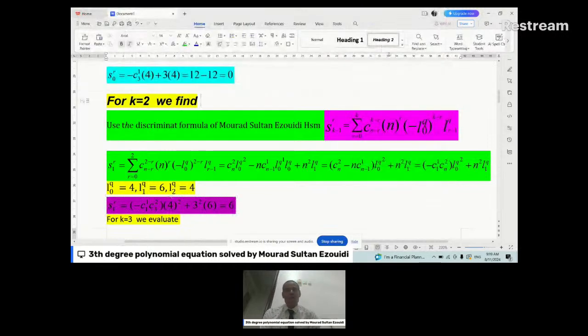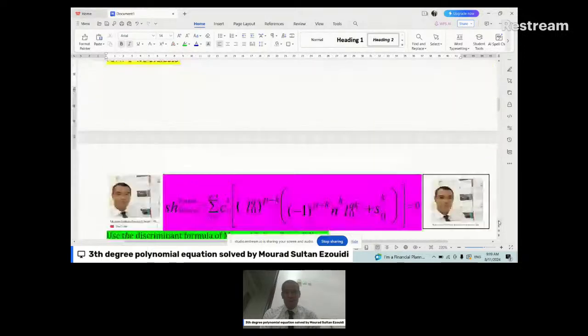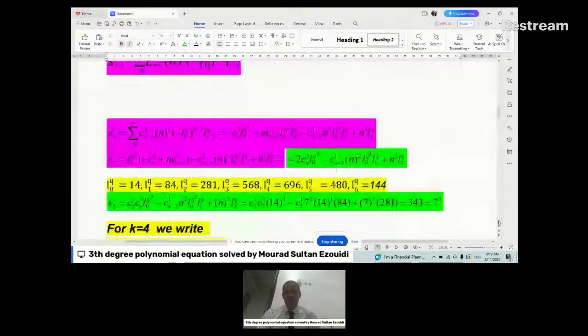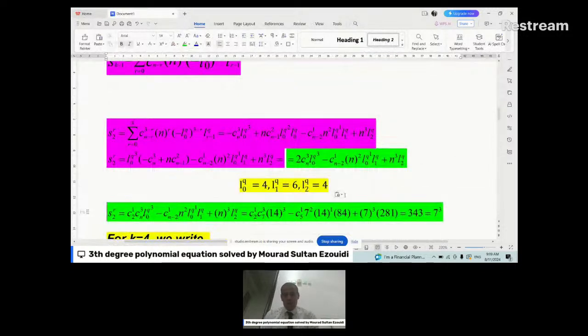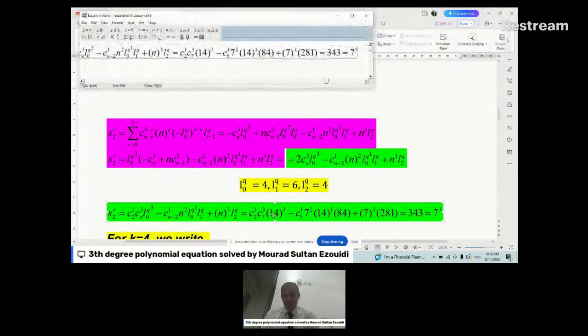So now I'm looking for the value of S2. The value of S2, I will erase all of this. This is S2, learners. I need only the first 3 coefficients. It will be negative S2, it will be 2 times, this is gonna be 3, this is 4, this is minus, okay, 3 minus 2 is 1, so no need to write it.